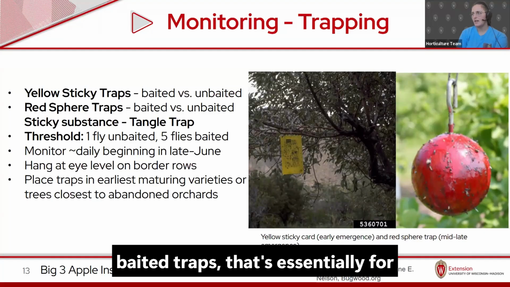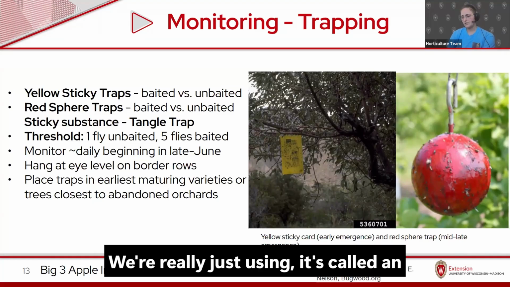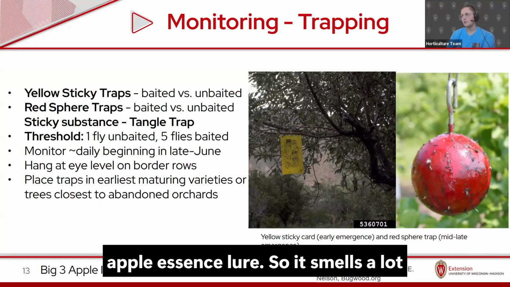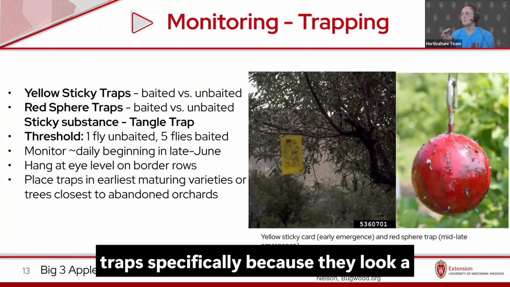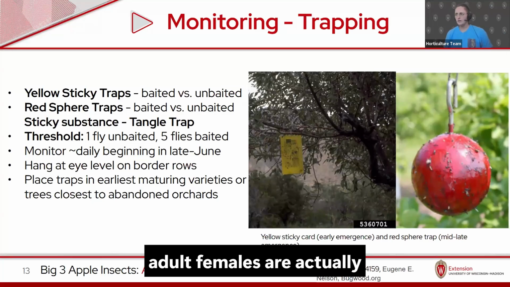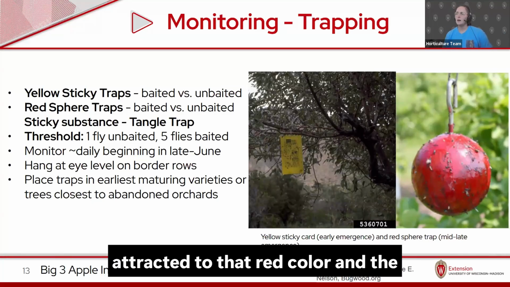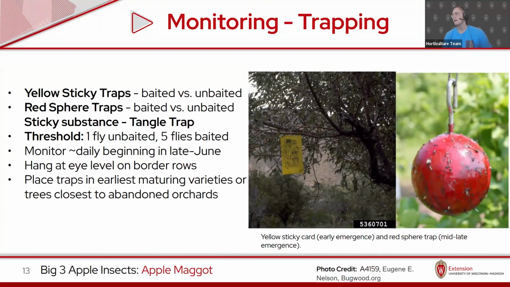So baited traps, for the red sphere trap, we're really just using what's called an apple essence lure. So it smells a lot like apples. And we use the red sphere trap specifically because they look a lot like apples. The adult females are actually attracted to that red color and the scent of ripe apples, right?